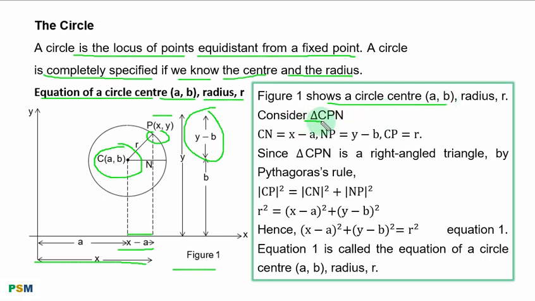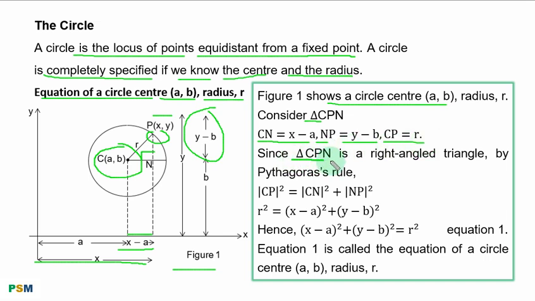Consider triangle CPN. It is a right-angled triangle. CN is equal to x minus a, NP is equal to y minus b, and CP is equal to r.